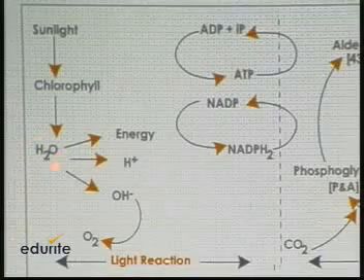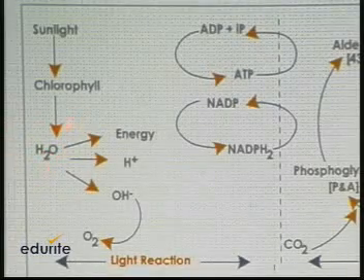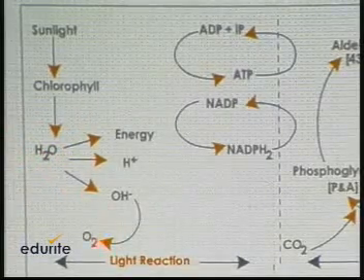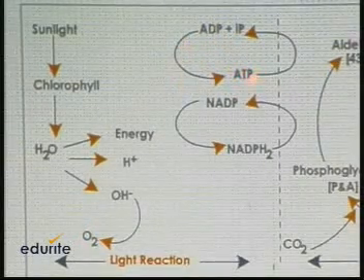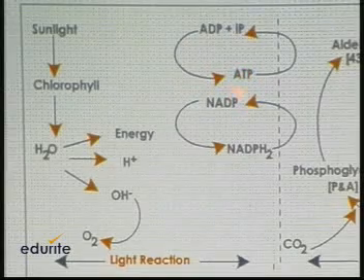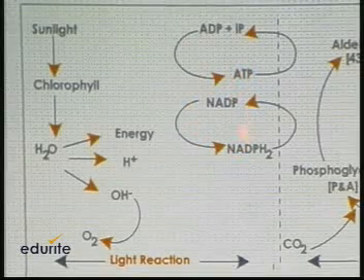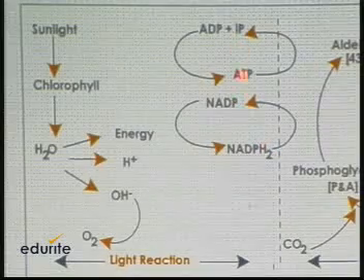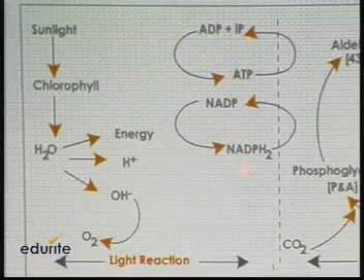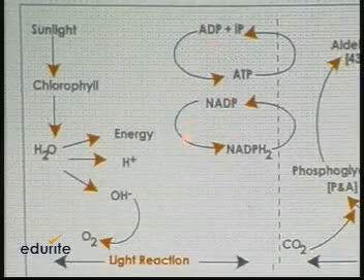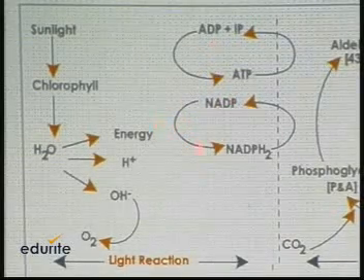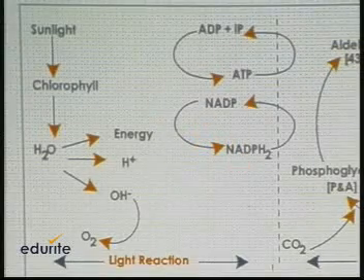During light reaction, water is split up to evolve oxygen gas. ATP molecules are formed. NADP is reduced to NADPH2. ATP and NADPH2 are the basic requirements for the next process in photosynthesis, that's the dark reaction.